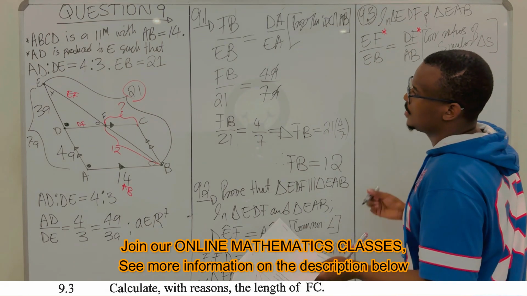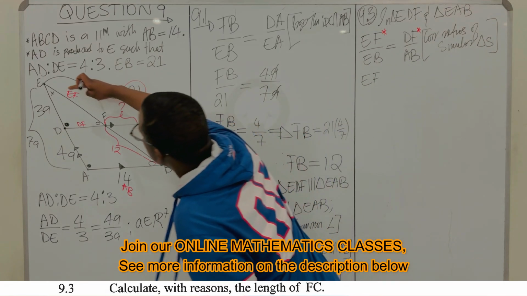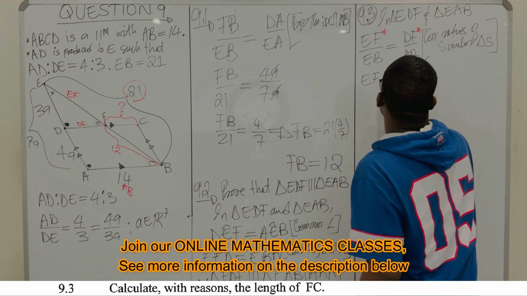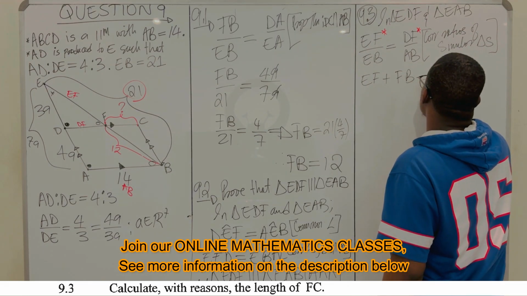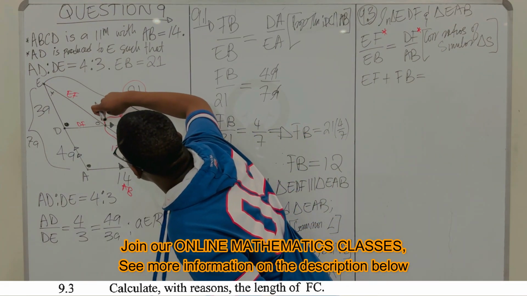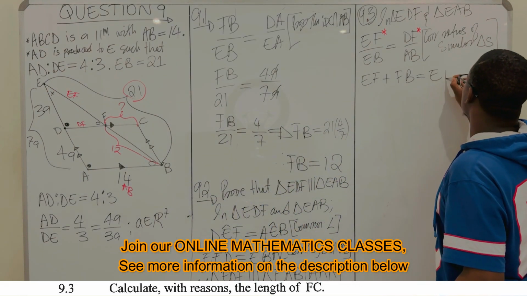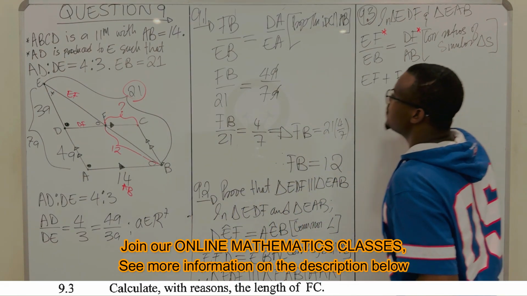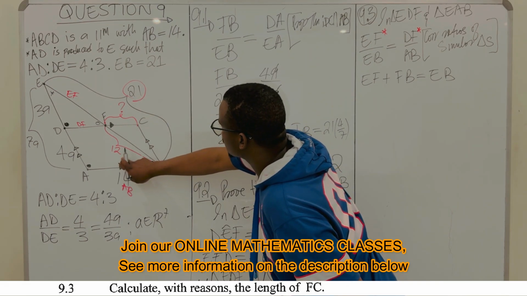Because I know that on the diagram, EF plus FB gives me the entire length, which is EB. We were given EB is equal to 21, and we found that FB is equal to 12.